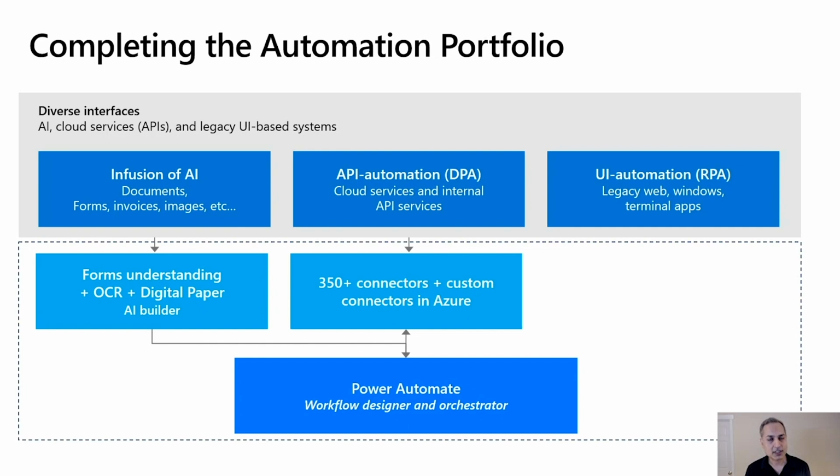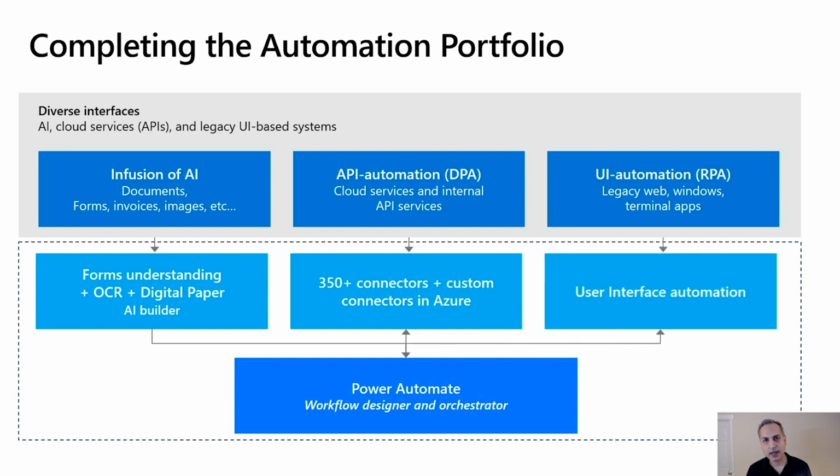You can also define your own custom connectors, and whether they connect to on-premises data or data in the cloud, you can plug them directly into the automation fabric. And finally, the RPA or UI automation. This is intended to automate applications that have no APIs, where the only way to automate them is by mimicking human behavior. Power Automate is a holistic end-to-end automation platform that allows you to mix and match these techniques to solve your business needs.